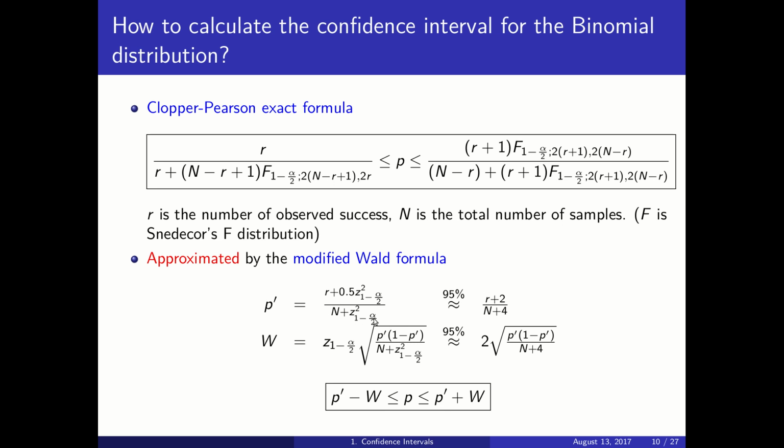So we have everything again, and for the 95% it is a very simple formula, and then W is calculated like this, so it is a function of P prime, and the rest we also know. And again, for the 95%, this Z is the percentile 1 minus alpha half for the Gaussian distribution, for the standard 0-1 Gaussian.